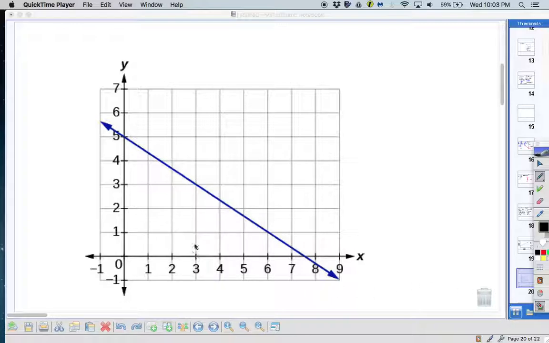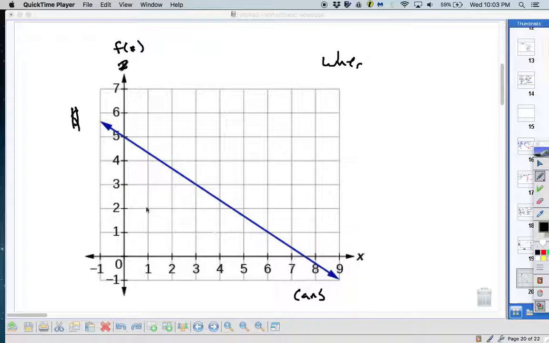So let's look at another example. In this case, you can ask another question. Let's say that we start here at 5, because remember our y-intercept is 5. So instead of y, we're going to call this f of x. Let's say this is dollars, and this is, I don't know, cans of something.